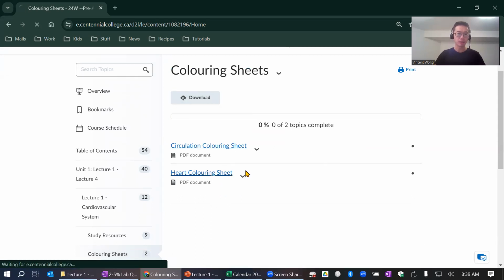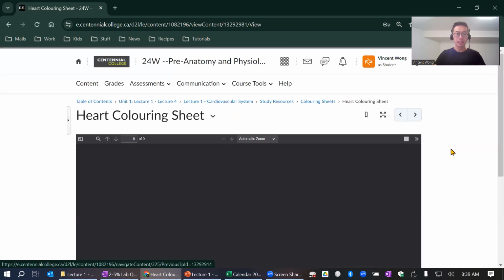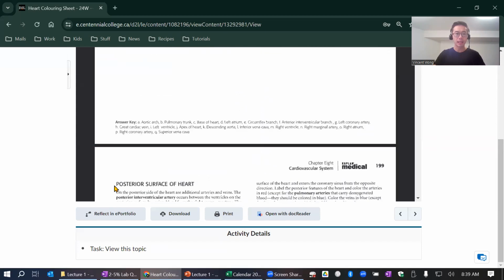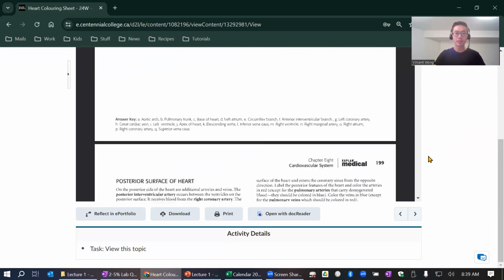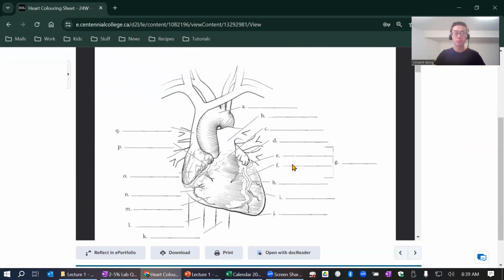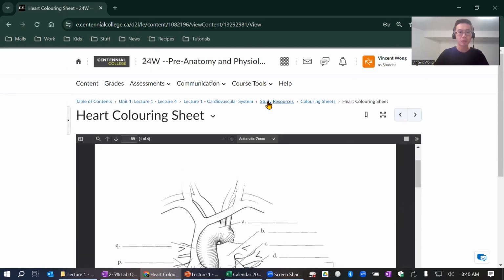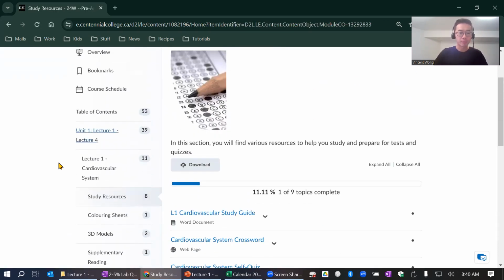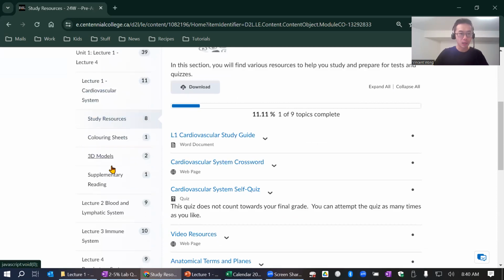So if you click on these things, for example, you will see diagrams, and then the answers are usually at the bottom. These are additional diagrams that we're not doing in class, but you can use them for practicing. So these are very good sheets. And again, all these are going to be under the study resources in each of the folders. Okay, so that's lecture 1.